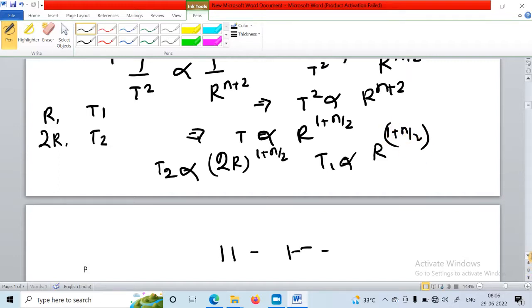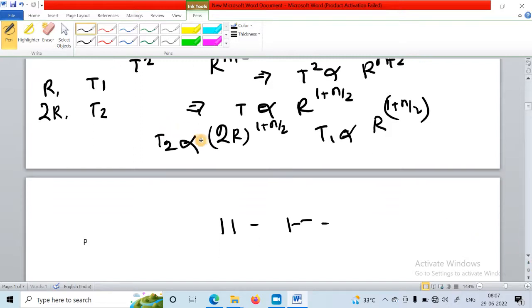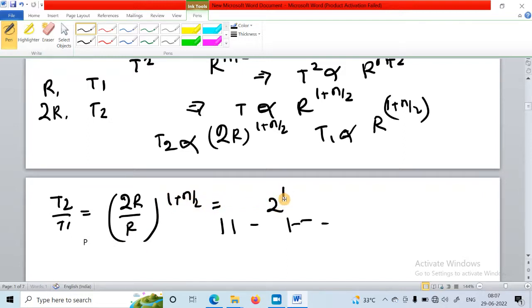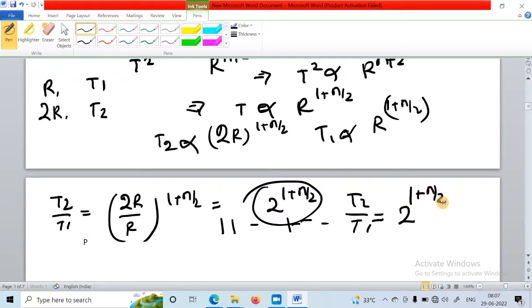If I take the ratio, the proportionality constants cancel out. So T2 by T1 will be 2R divided by R, all to the power 1 plus n by 2, which is nothing but 2 to the power 1 plus n by 2.